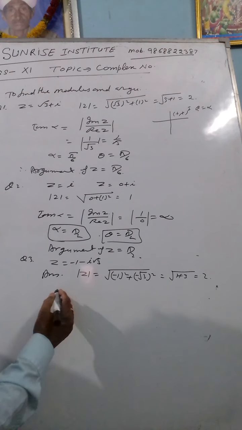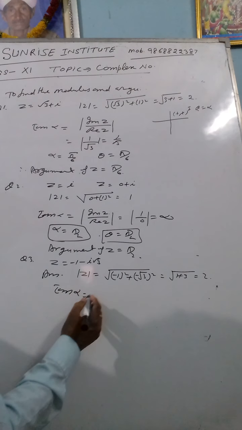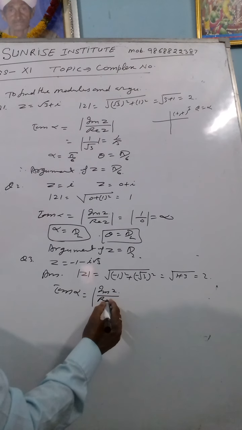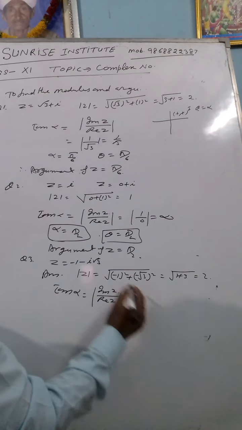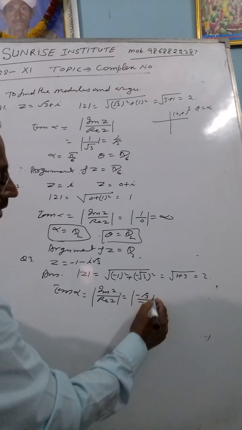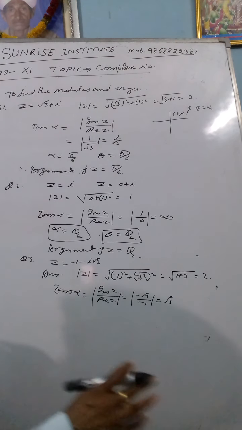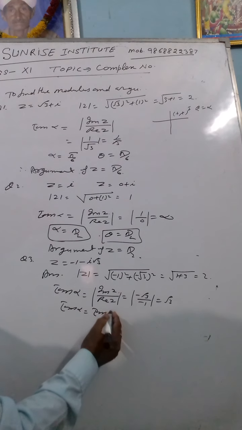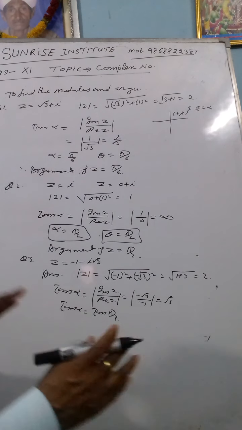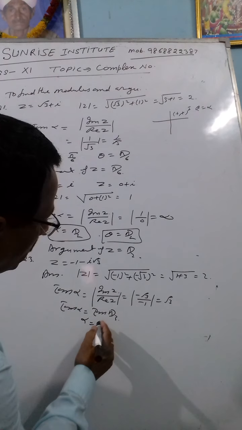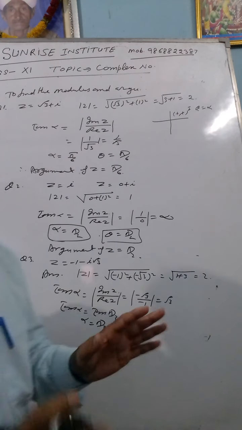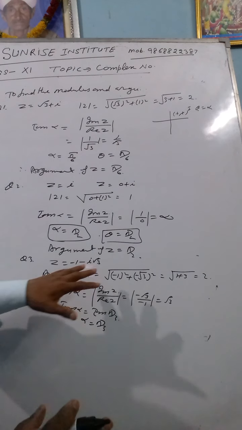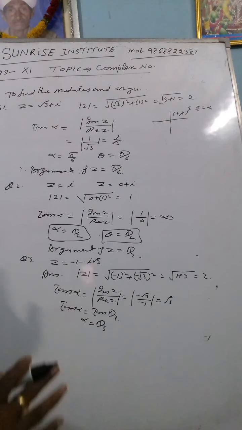Then tan alpha equal to imaginary part of z upon real part of z, that is minus root 3 upon minus 1, that is root 3. Okay students, then tan alpha equal to tan pi by 3. Then alpha equal to pi by 3. Okay students, we have alpha equal to pi by 3, but we see that this lies in the third quadrant.